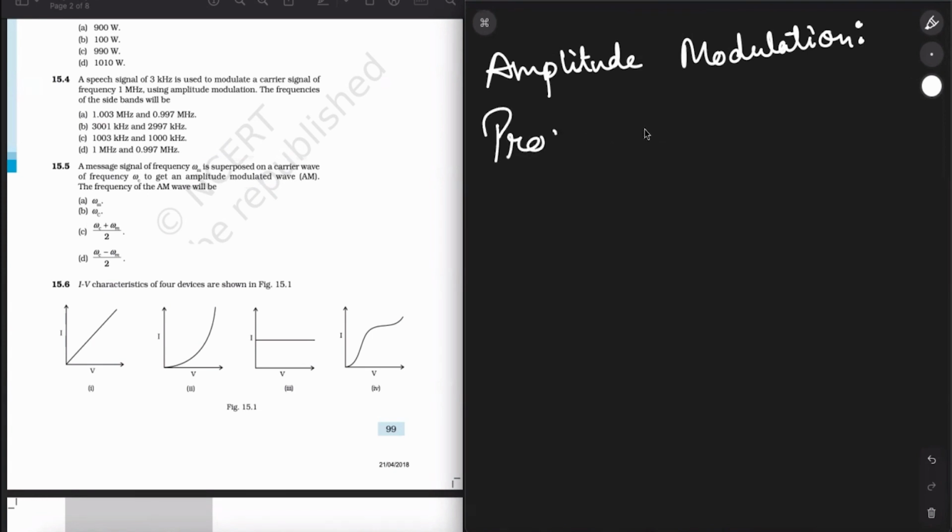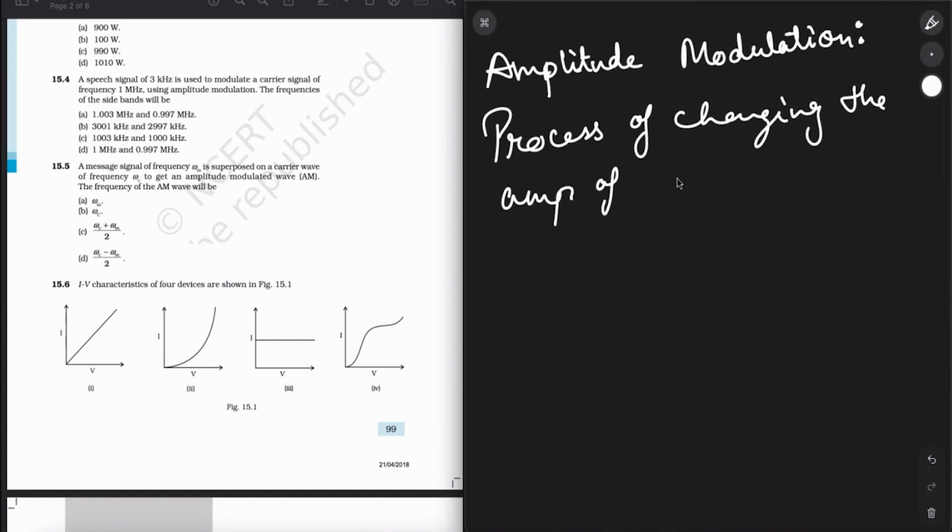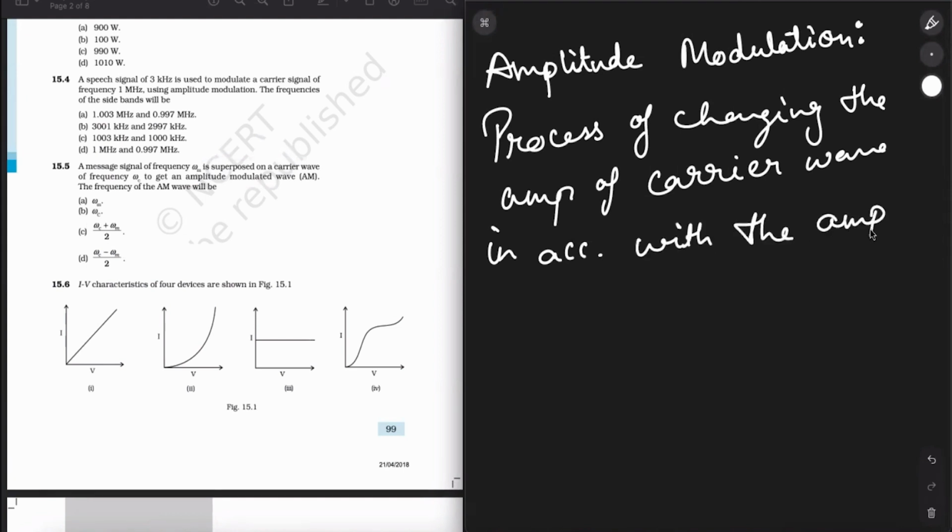I'm writing it in short form so that you don't miss it. Simple.